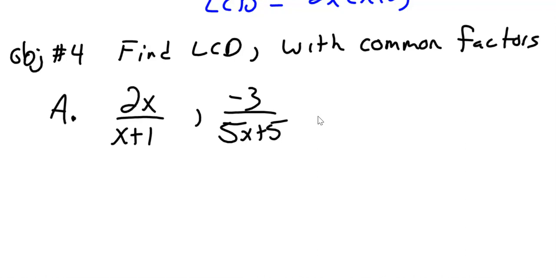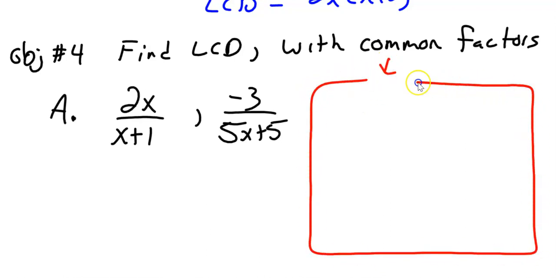Now, when you're finding the least common denominators, if you can factor the denominators, you factor them as much as you can. It shows up here, but we'll also use it later on with all the things we do.